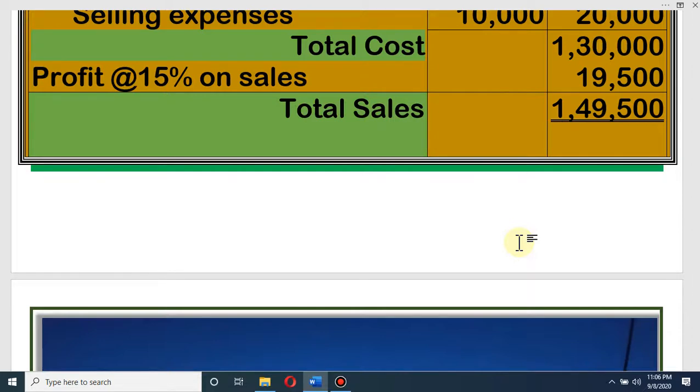Write it in your calculator again. I am doing it also, dear student. 15 divided by 85 into 1,30,000.